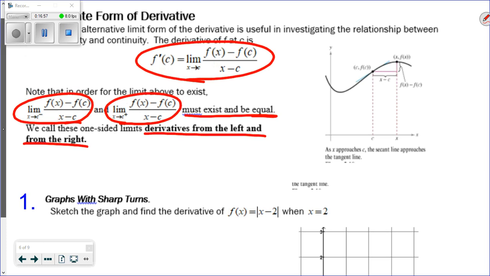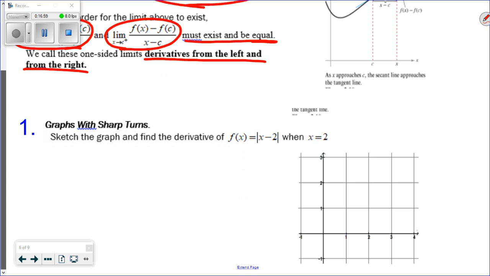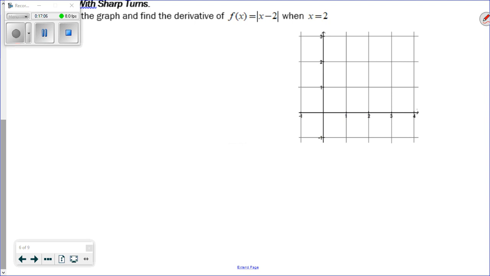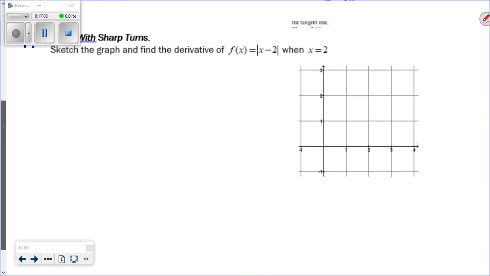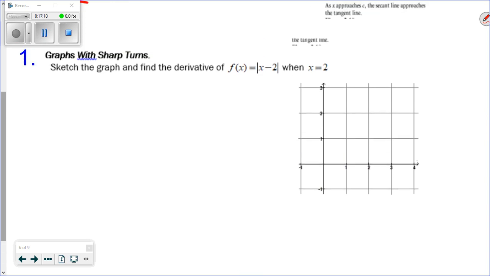So we're going to look at a couple scenarios and see what happens. So in our first scenario, we want to use the function f of x equals the absolute value of x minus 2. So if you think back to your parent functions and transformations, this would be the absolute value function shifted right 2.